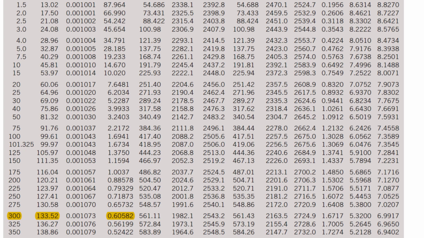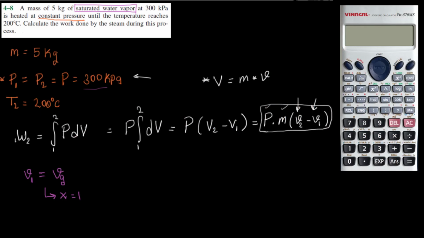Okay, so since 200 degrees is greater than 133 degrees, we are going to search in the superheated water region for the final state information. But for now, we have the value of Vg, which is 0.60582. So let's switch back and write that down.